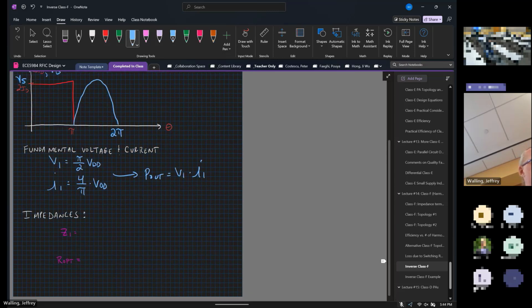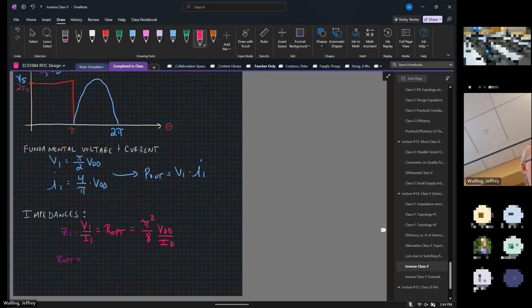And then we can find the impedances at the different harmonics. So the impedance at the fundamental, Z1 is equal to V1 over I1. This is equal to R opt for the PA. And this is equal to pi squared over 8 times VDD over ID. R opt is equal to pi squared over 8 times VDD squared over P out.